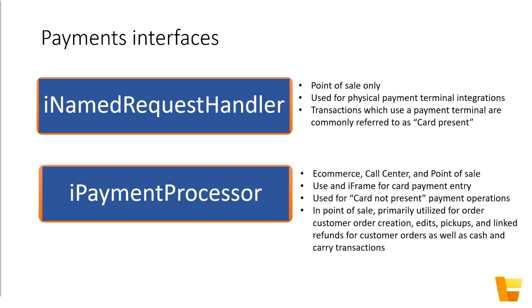So this is used for card not present payment operations. So when you hear me say card not present, you can think of iPayment processor and call center and e-commerce scenarios. So in the point of sale, this is primarily used for customer order creation, edits, and pickups, and also linked refunds for customer orders, as well as in some ways for cash and carry transactions.